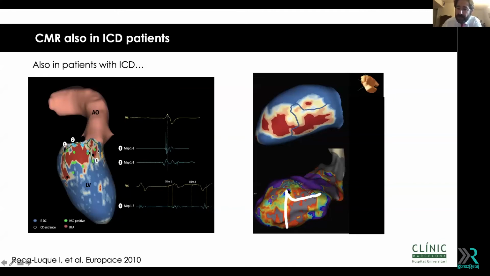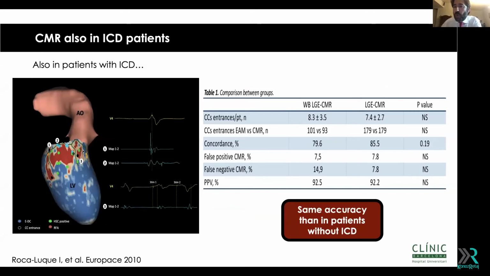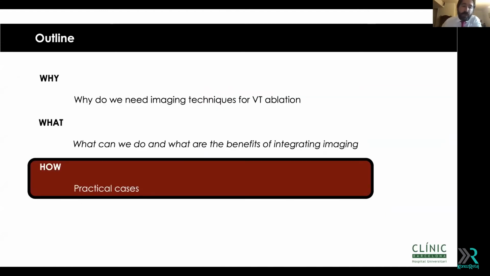And if you see the electroanatomical mapping, it's exactly these two channels that were depicted in the MRI that are also seen in the electroanatomical mapping. And actually, we analyzed this series of patients, and the concordance was pretty much the same as in patients without ICDs.